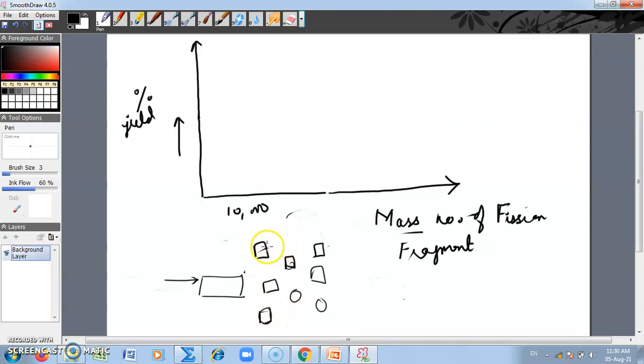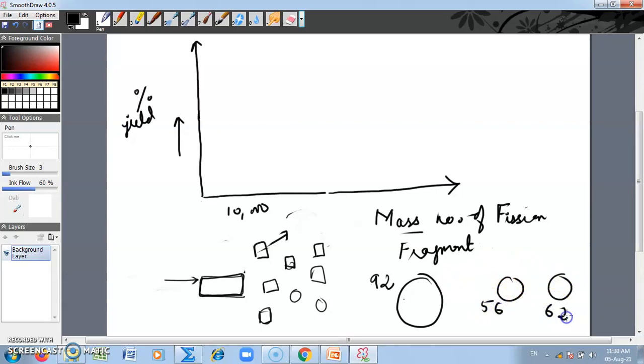The parts are comparable to the actual element, because you see we had uranium with Z equal to 92, and it broke up into barium and krypton with atomic numbers 56 and 36. So it was like this.